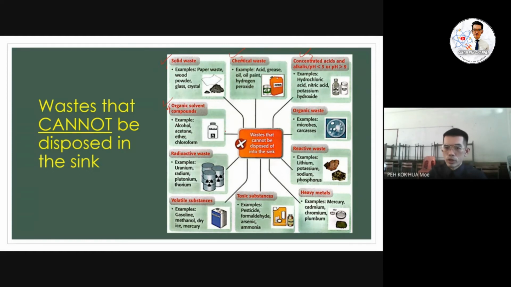Next here we have the radioactive waste. Radioactive waste includes uranium, radium, plutonium, and thorium. The radioactive waste will give a radioactive effect to the surroundings, for example, maybe mutation of our cells, which may lead to cancer in future.